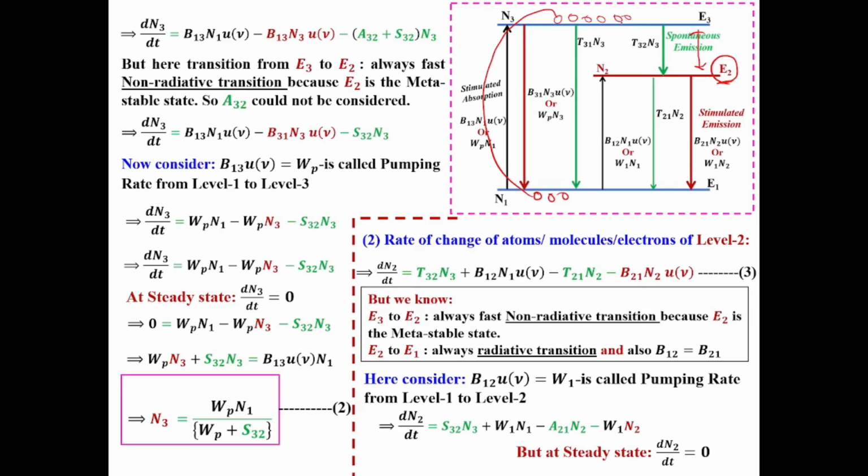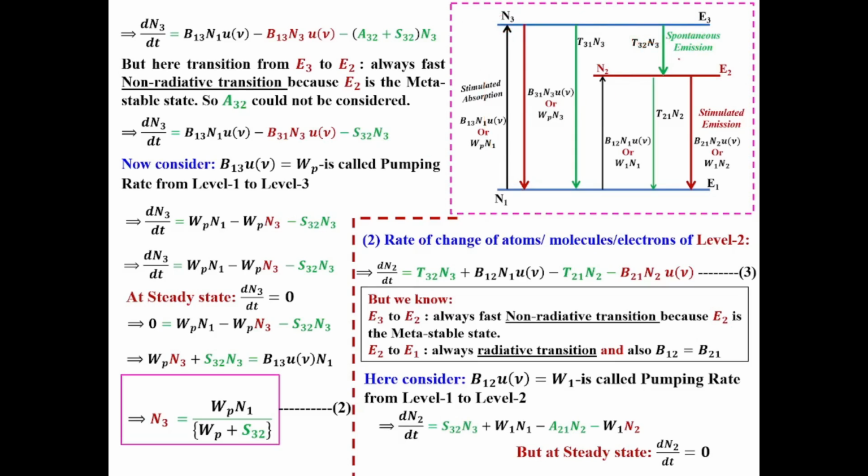That means they radiate some heat and transit to this state, after 10 to the minus 8 seconds, the so-called natural process, or spontaneous emission.